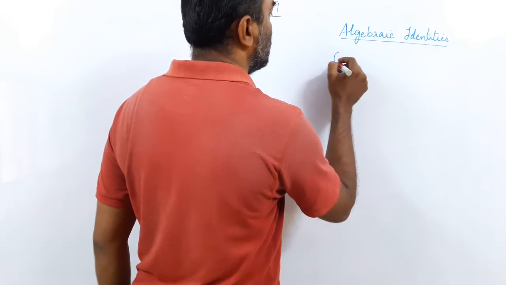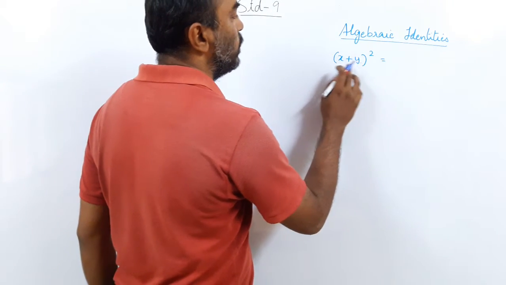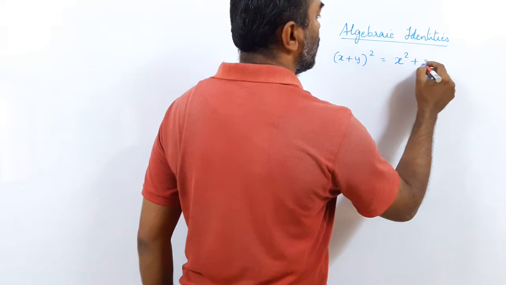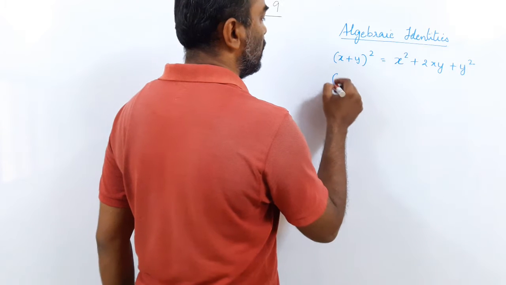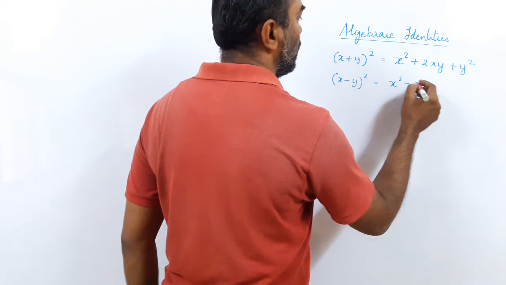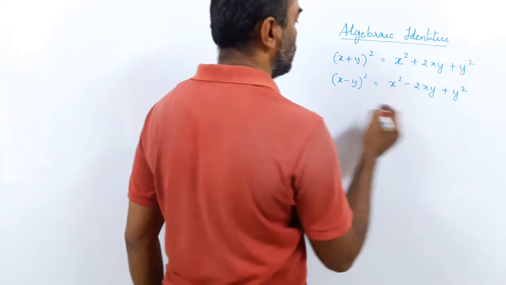So just for the sake of revision, we had x plus y the whole square. This is a binomial with two variables x and y, and it was x square plus 2xy plus y square. Then we had x minus y the whole square as x square minus 2xy plus y square.